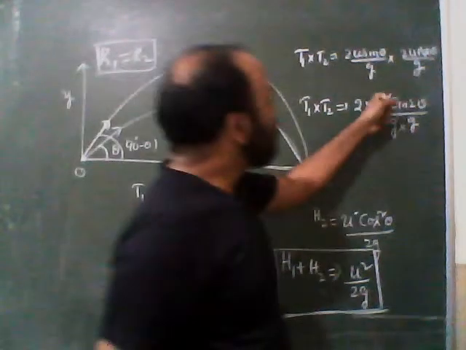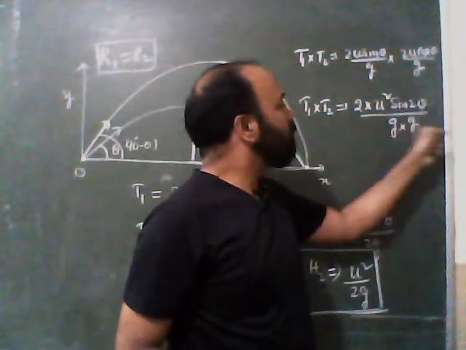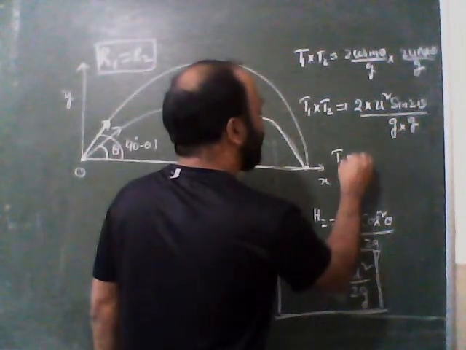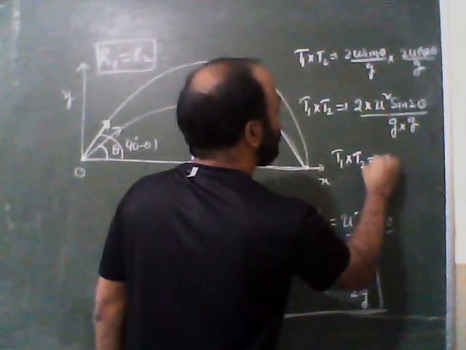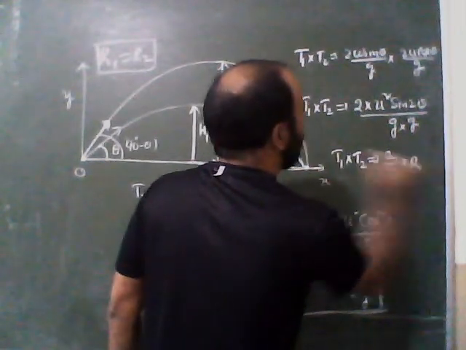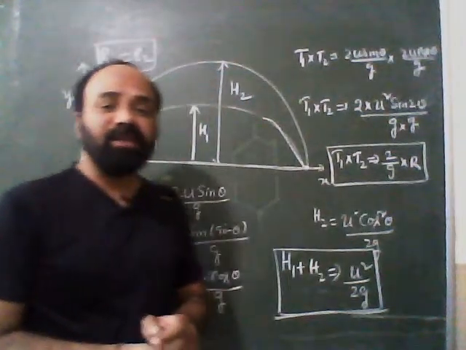Now u square sin 2 theta by g is nothing but the range. So the product of the times t1 into t2 equals 2 by g into range. This is the relation between times and range.